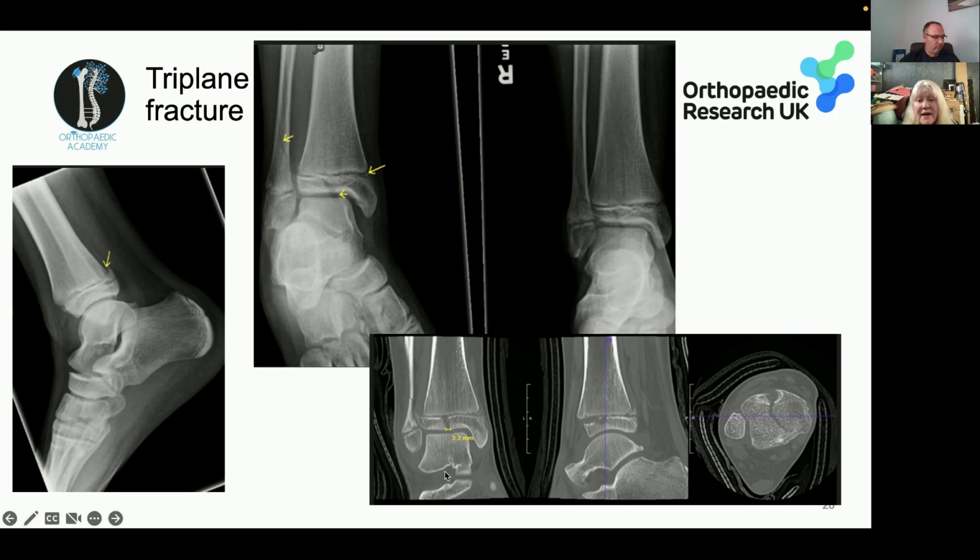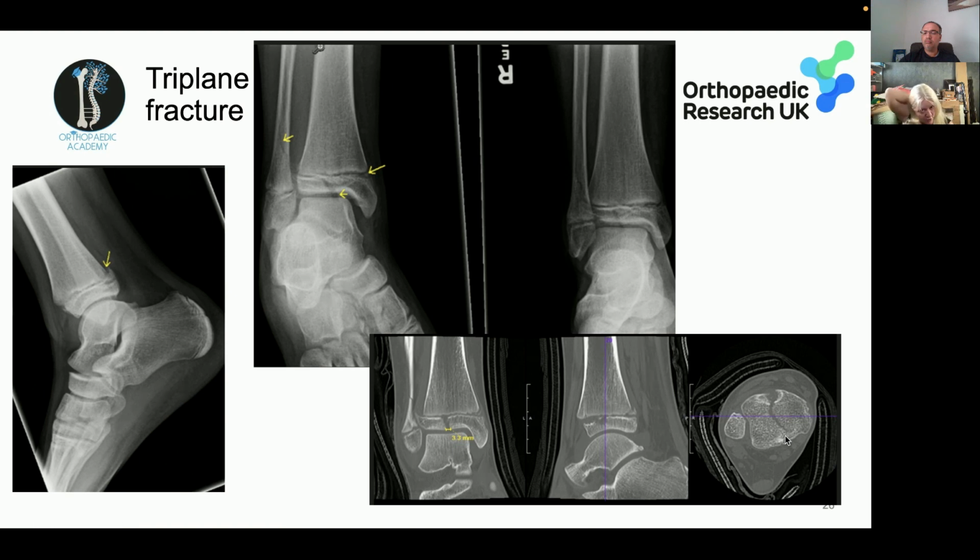So if you look at the CT scan here, you can see this part, the epiphyseal part of the fracture, is there. So you've got a gap about 3.3 millimeters there. You've got this component of the fracture, which again, is a Salter-Harris 2. You've got your little fragment of bone there, and it's gone through in this plane. And then you've got this other fracture that goes actually through the growth plate.